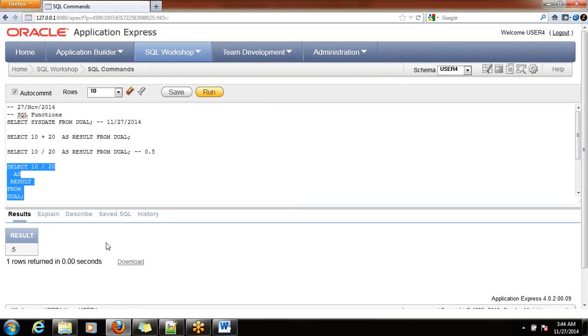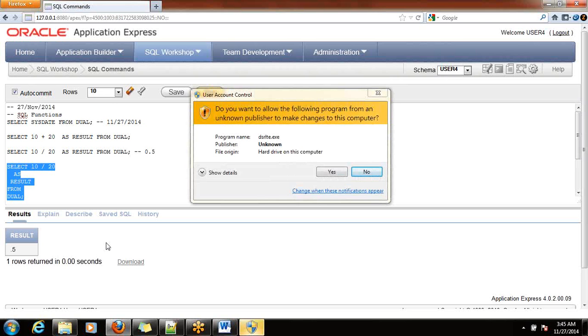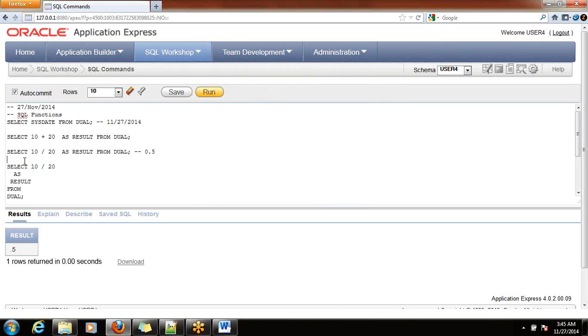It means SQL is a free form language. It doesn't mean that you have to write the SQL statement in a single line. You can cut it into multiple lines also, and it still works. We say free form language.